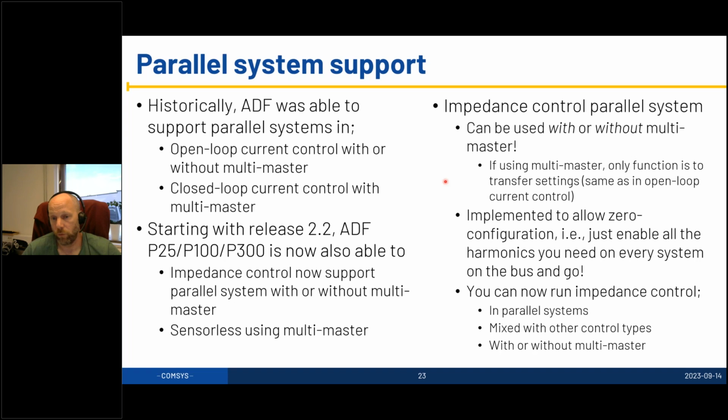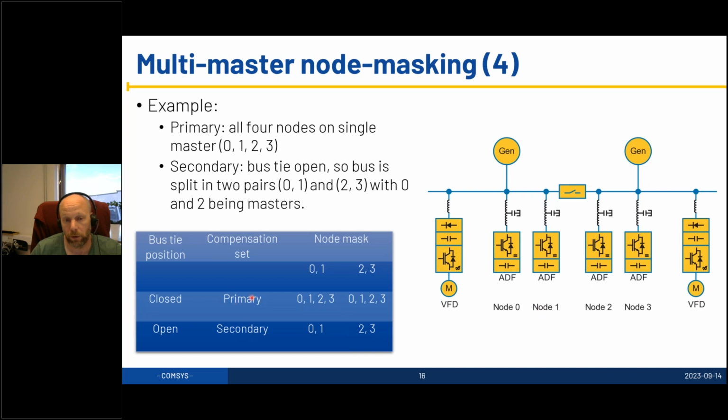And we had a convoluted example previously in the presentation with the split bus. I will actually jump back to the slide. And here we had a lot of settings to do with enabling the secondary and the primary compensation set, to be able to define how this system is seeing the other systems when it's working.